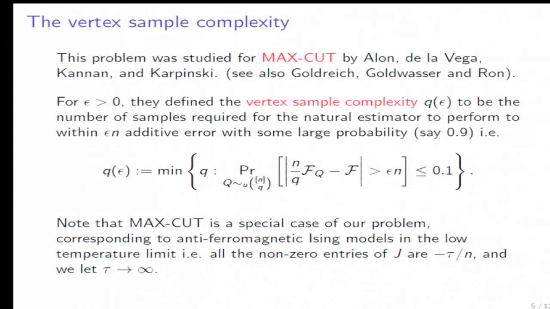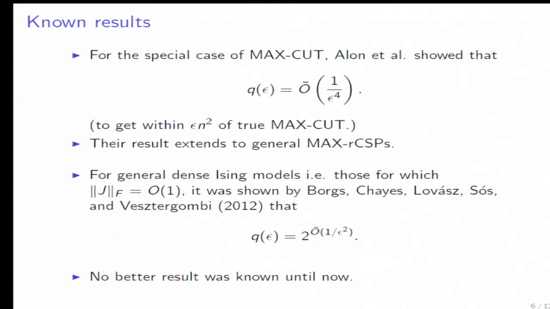Why am I talking about max cut? It's a special case of the problem when you take an anti-ferromagnetic Ising model with very large edge weights. For max cut, it's been known since about 2004 that you can get away with a 1 over epsilon to the 4th sample size. And maybe surprisingly, this works for general Max-r-CSPs for any fixed r without changing the exponent on epsilon.